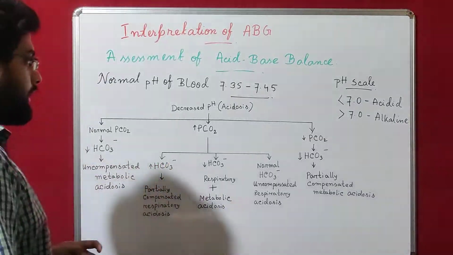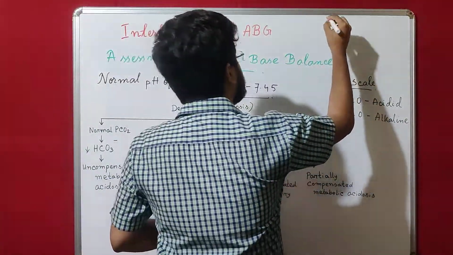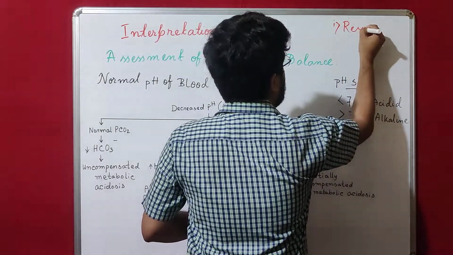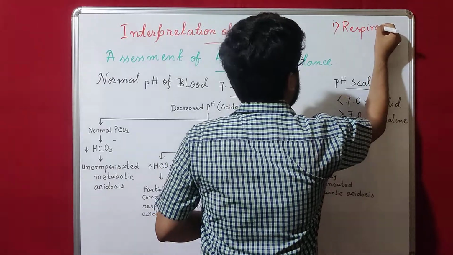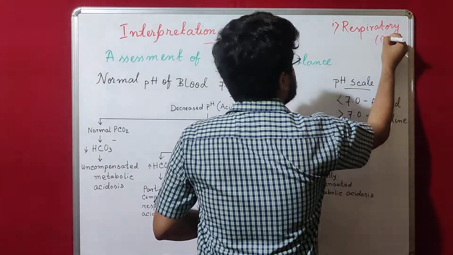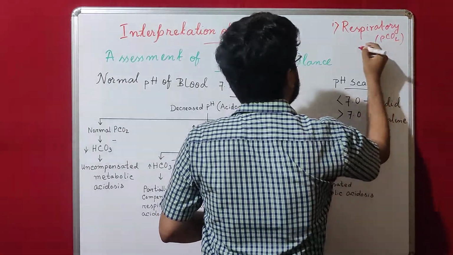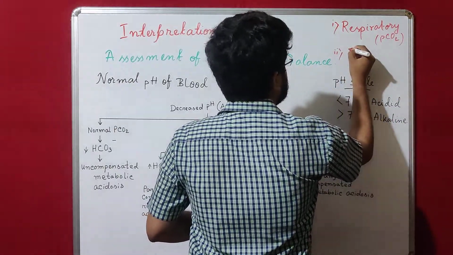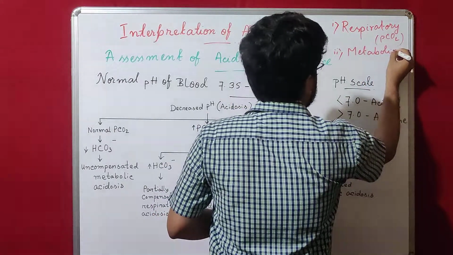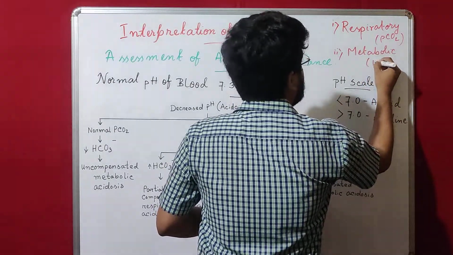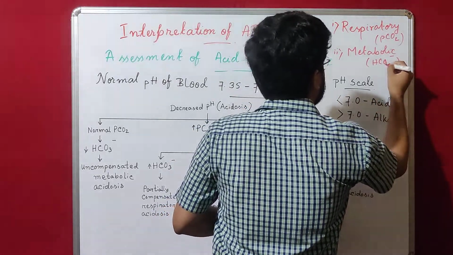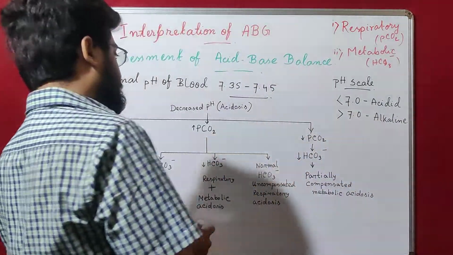So acidosis and alkalosis are of two types. The first one, respiratory, is contributed by the partial pressure of carbon dioxide in blood, and the second one, metabolic, is contributed by the bicarbonate ion concentration in blood.